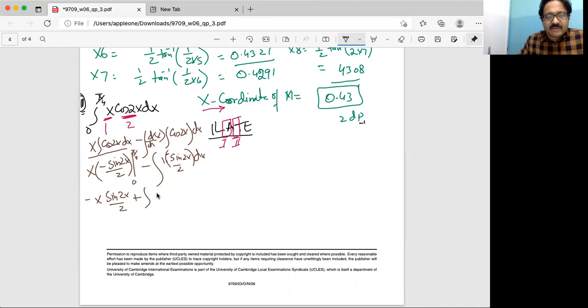I will write this again: sine 2x over 2 dx. This becomes minus x sine 2x over 2, with limits 0 and pi over 4, plus 1 over 2. The integral of sine 2x is again, look, the derivative of cos is minus sine.